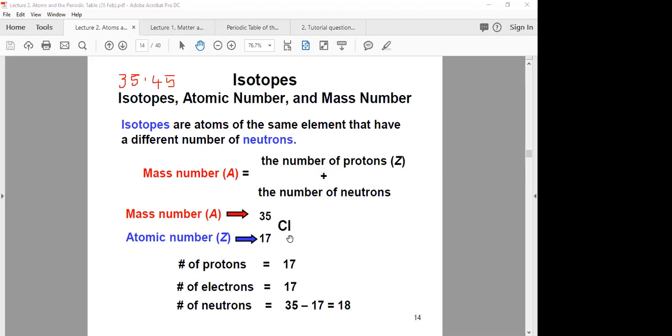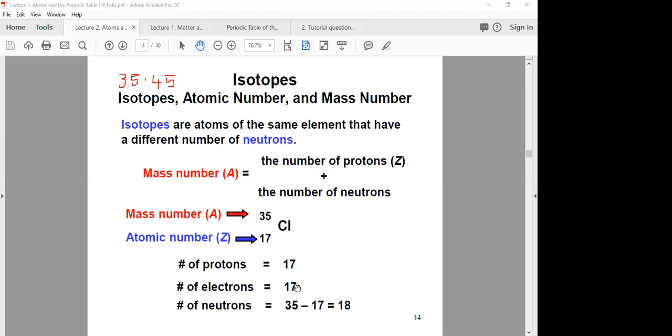Let's look at that. The number of protons found in an atom of chlorine? Well, we know that from the atomic number, 17. There it is there. The number of electrons, how many electrons does the atom have? Well, the same as the number of protons in a neutral atom, 17 once again.